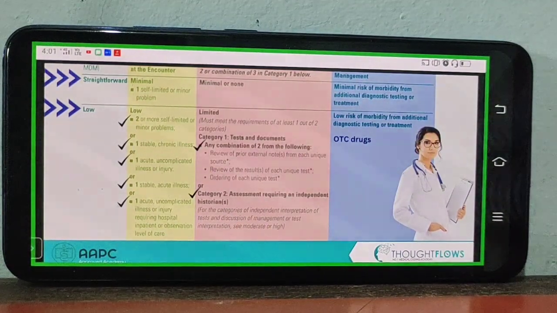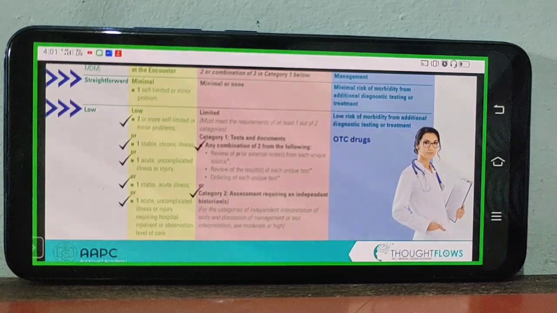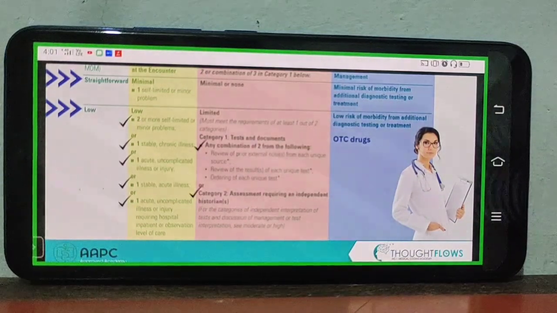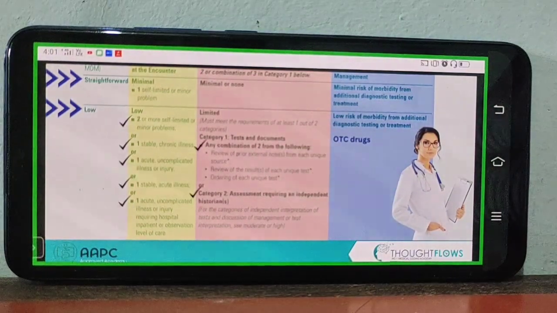At least 1 out of 2. That means there are 2 categories present in low MDM at table B. In these 2 categories, any one category must be satisfied by your document.